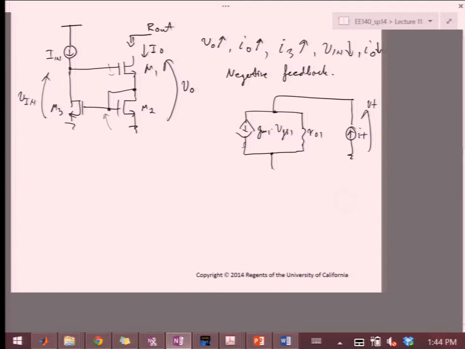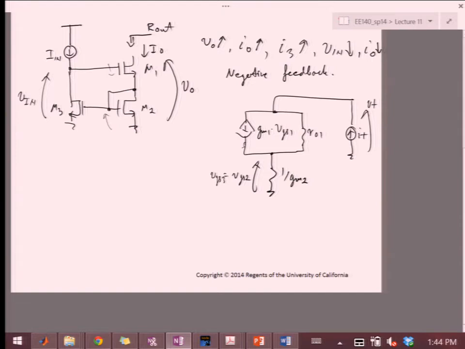Yeah, resistor 1 over GM2. I'm not putting RO2 because it's small, so I don't want to carry it along. And then this is VGS2, and that equals VGS3.